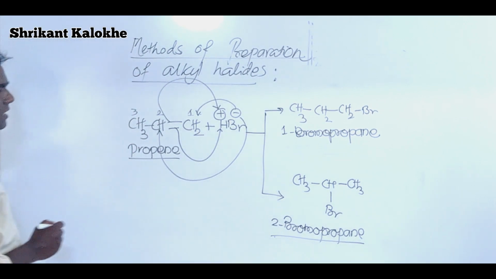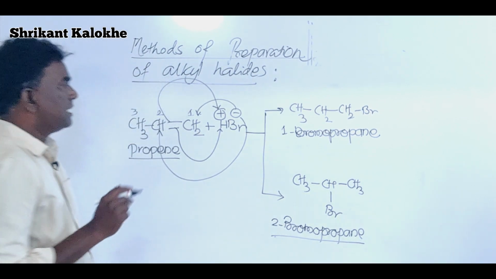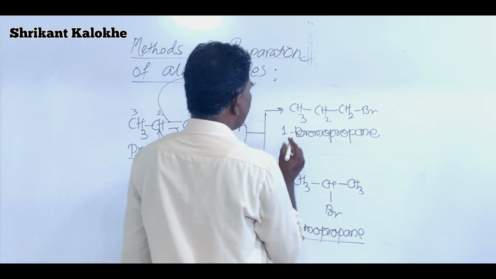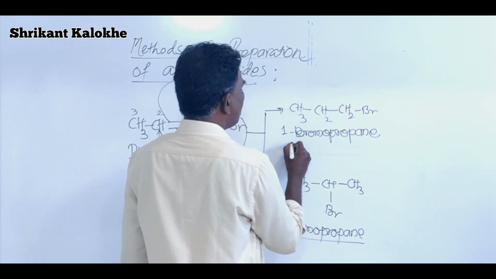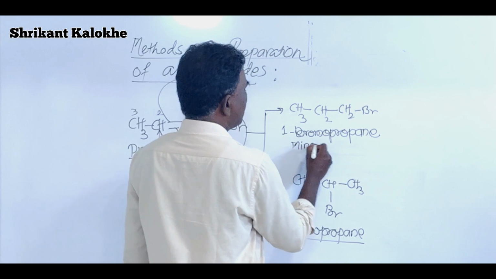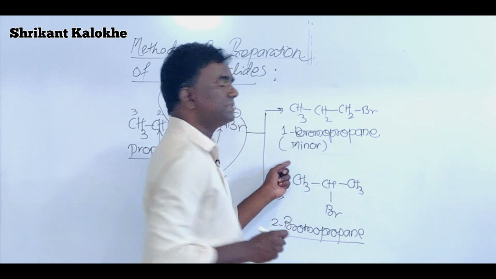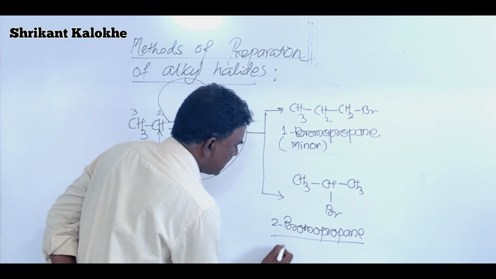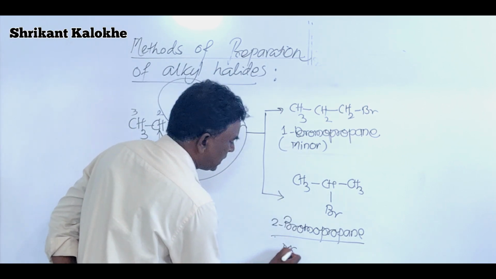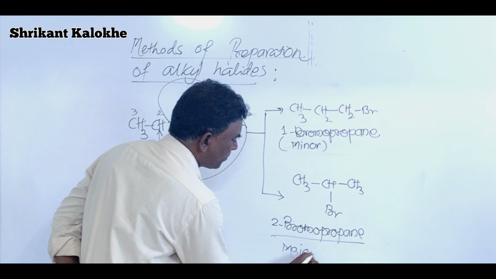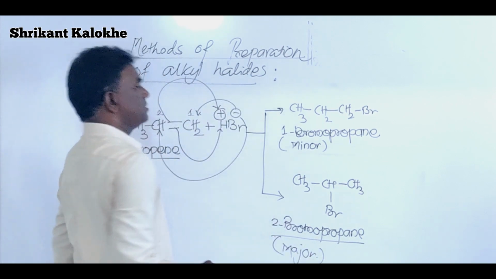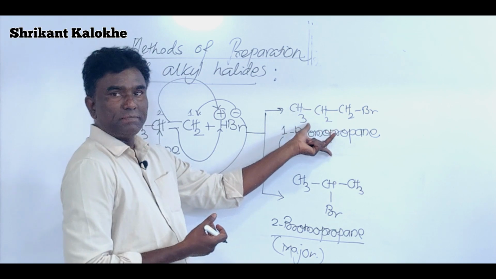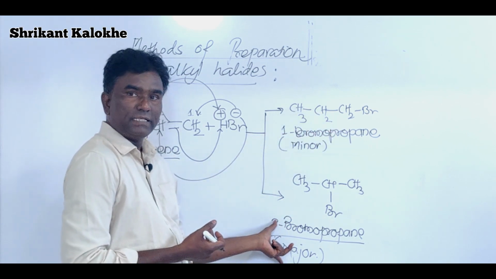Here there are two different possibilities, and among those two possibilities 1-bromopropane is minor product, means we get less quantity of it, and around 80% we get 2-bromopropane as a major product. Why does this happen? Why this product is minor and why this product is major?